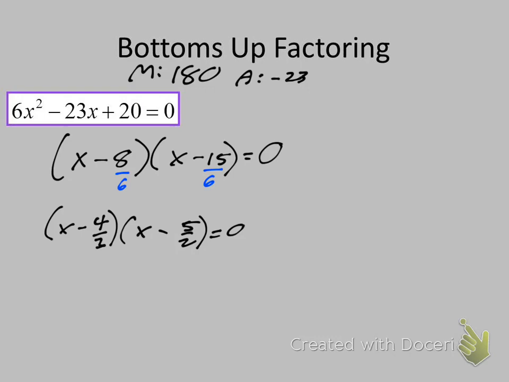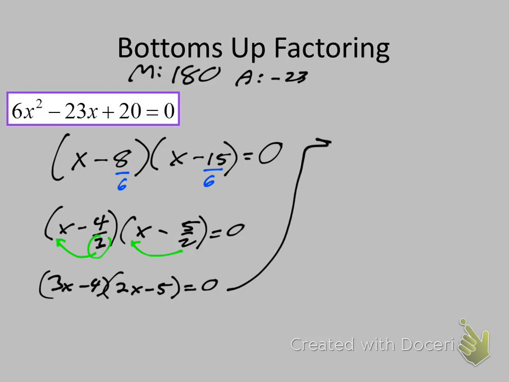Okay. Do your bottoms up step. So 3 up and 2 up. So 3x minus 4 times 2x minus 5 equals 0. I'll move it up here to split them off. 3x minus 4 equals 0.